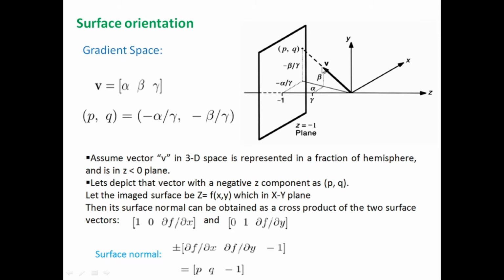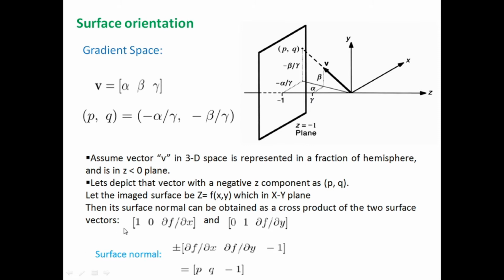Now this point is projected in the image plane. Definitely I will be having only two coordinates. Can I say this point V is in the negative z plane? Because if this is my positive z plane, then this is a negative z plane. So gamma will be a negative component obviously.